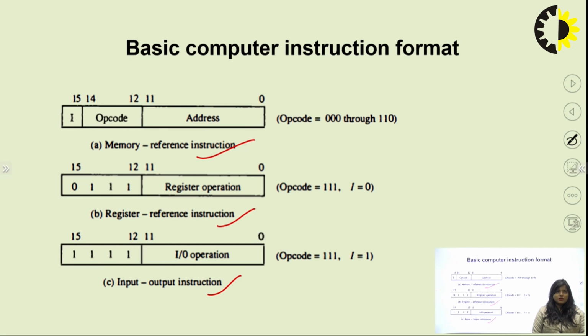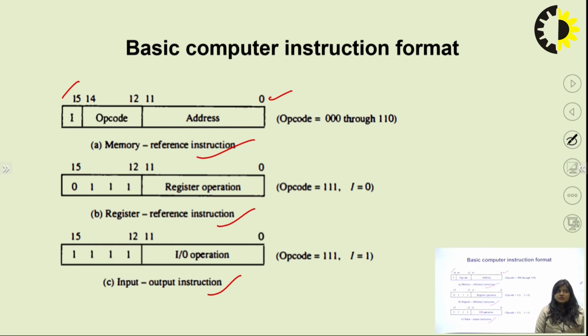These three formats are the basic formats of a computer instruction. In all three you can see that one thing is common: all three are 16-bit instructions, bits 0 to 15, and they define the three types of instruction format.